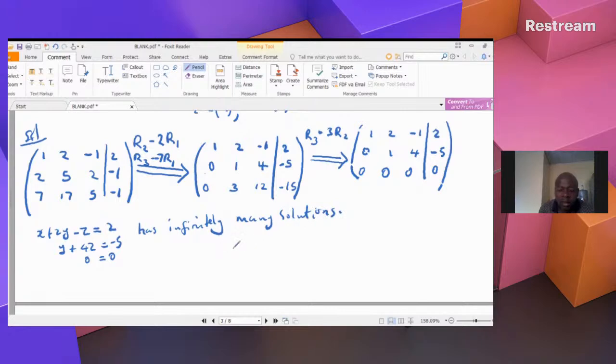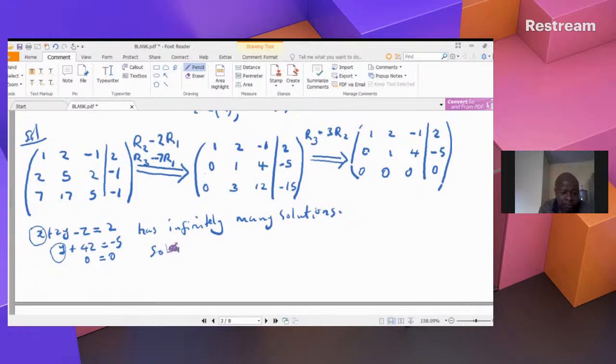It's not like the other two that we had, with unique solutions, just one solution for the system. Now, many solutions. You notice that we have the leading element here, then the leading one here, but this one has no leading element. So we solve for the leading variables.